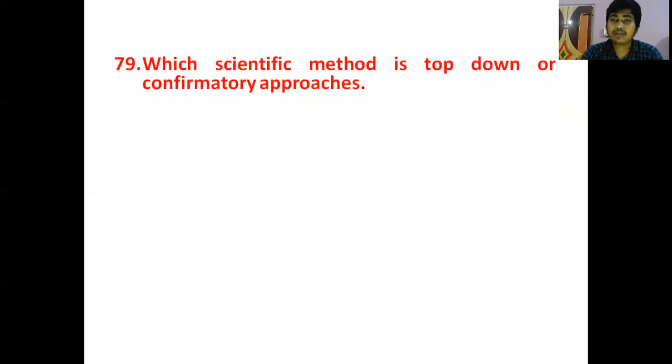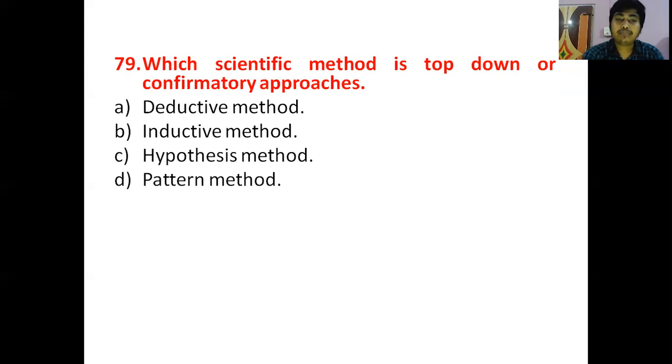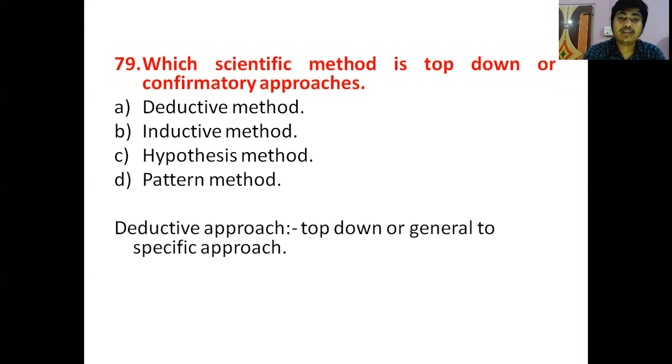The next question is, which scientific method is top down or a confirmatory approach? That means the deductive approach is top down, going from the general to specific. The options are deductive approach, inductive method, hypothesis method, and pattern method. So our correct answer will be the deductive method.